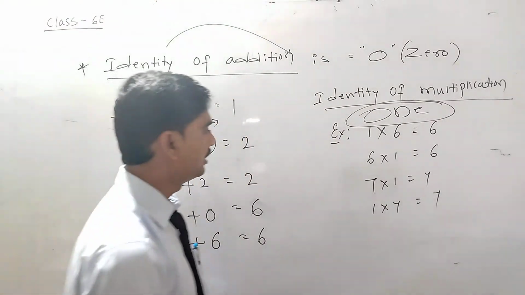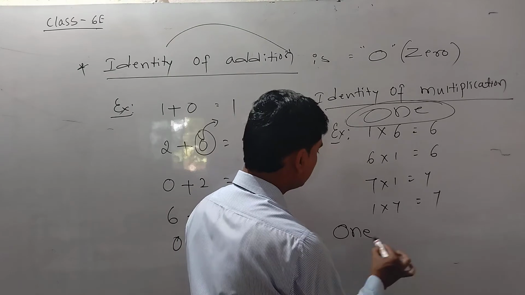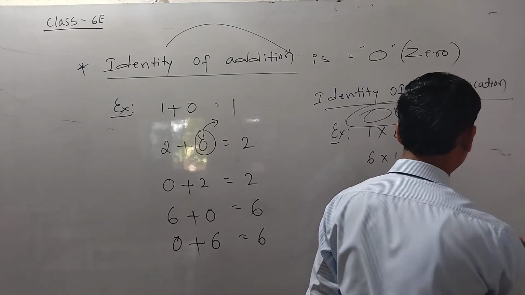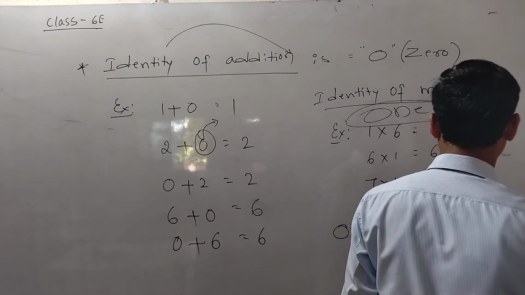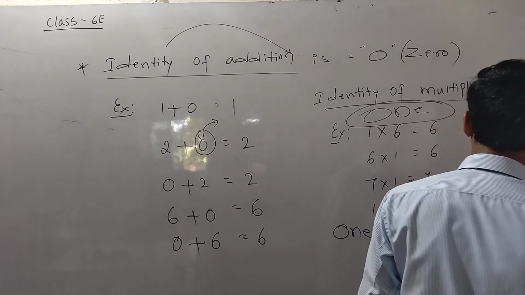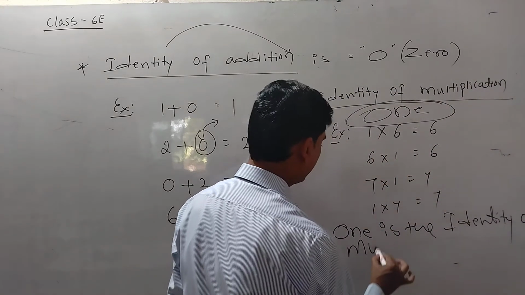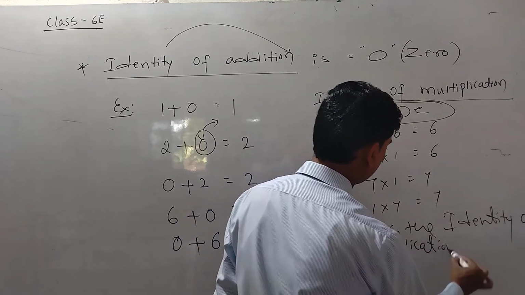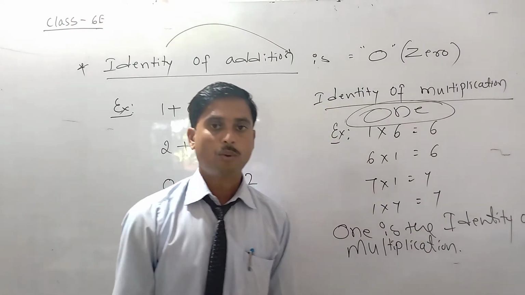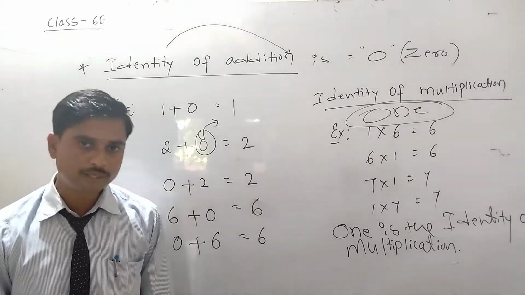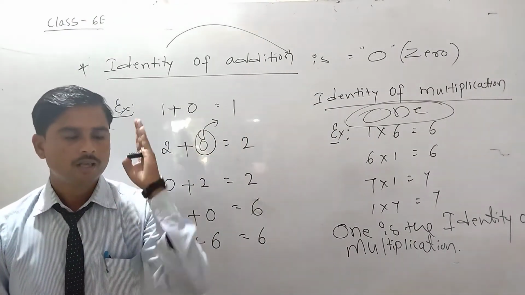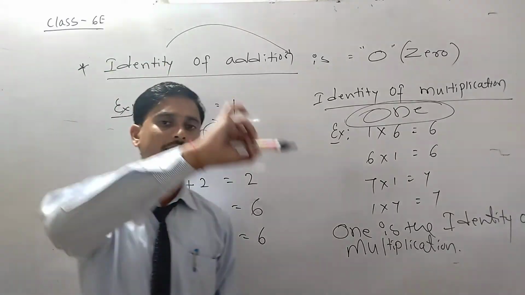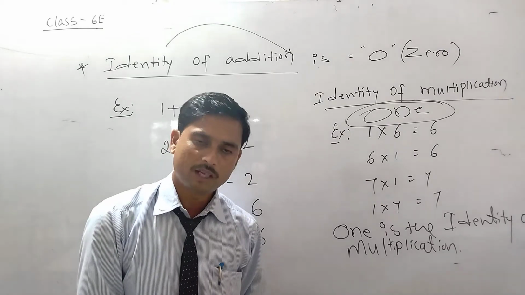Remember in your mind, 1 is the identity of multiplication. Remember always, if they ask which is the identity of multiplication, you should write there, 1 is the identity of multiplication, and 0 is the identity of addition.